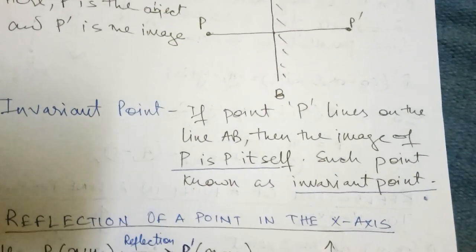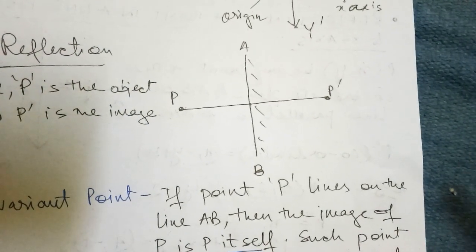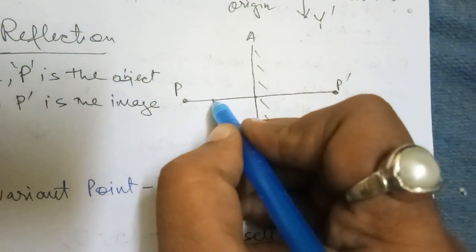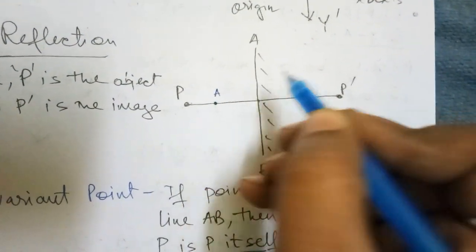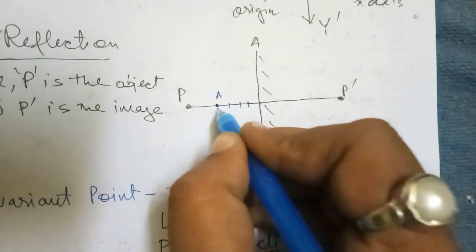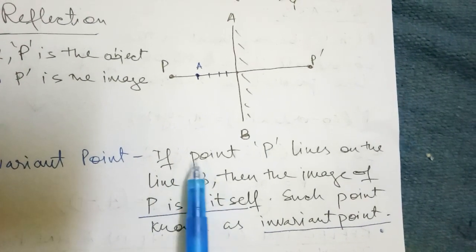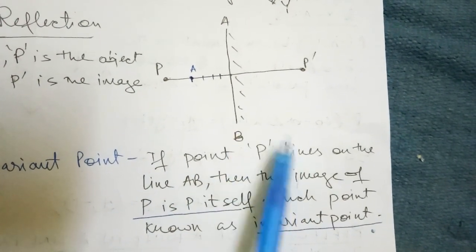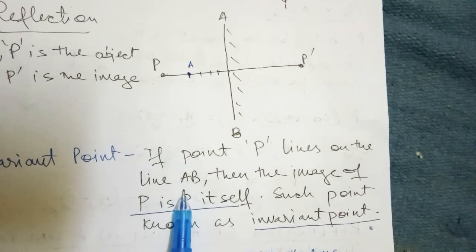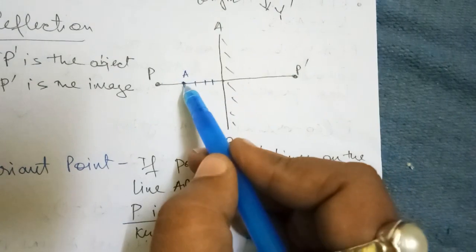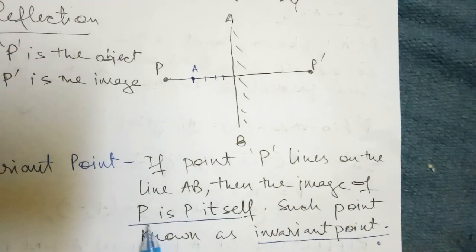Suppose I take an example. Suppose the point A is lying over here, that is 1, 2, 3, and this is 4. Then from here, what I've written: if point A lies on the line AB, suppose this is AB, and one point is lying over here, then the image of P will be P itself.